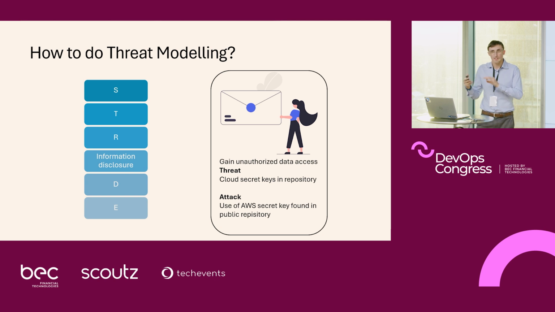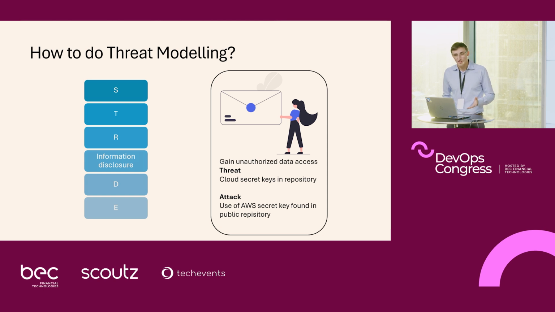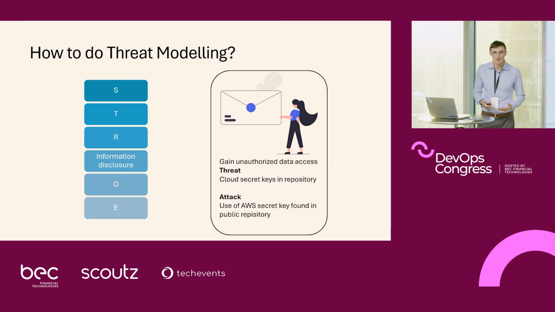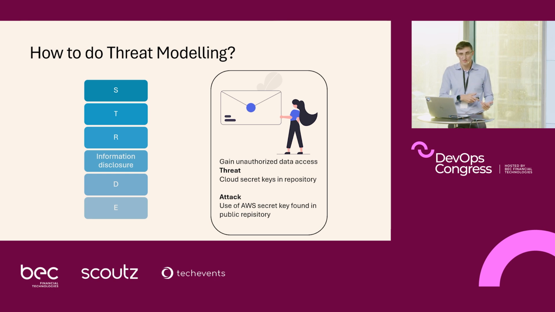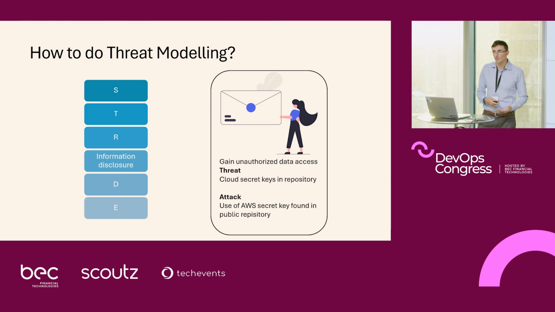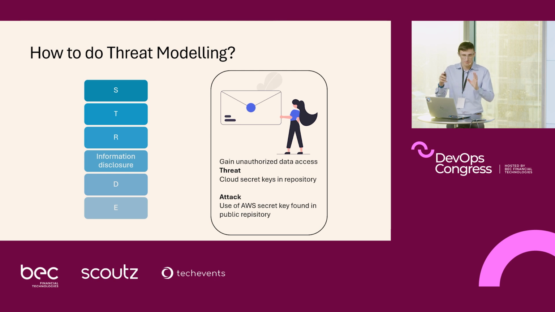For example, if in our repository we have some secrets for the cloud resources, and by mistake we publish this source code to a public resource, like making it public on GitHub, then attackers could get these secrets and use them to access our cloud environment, create resources, and so on.